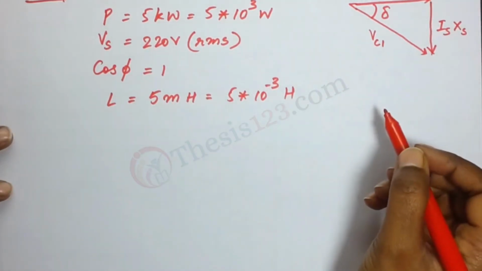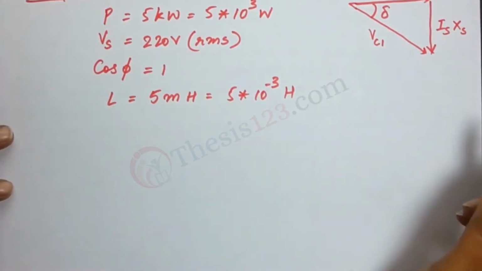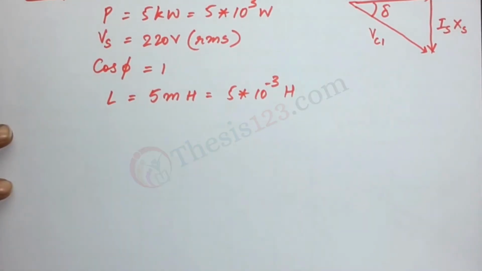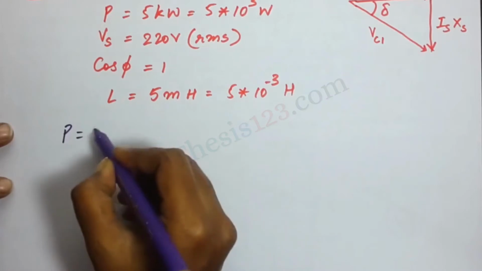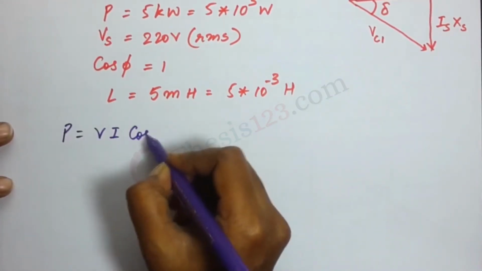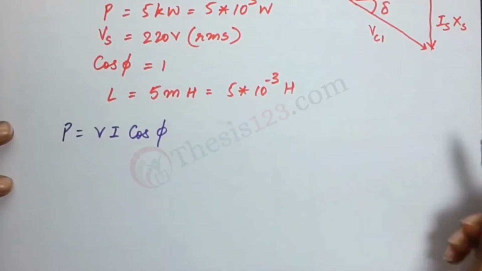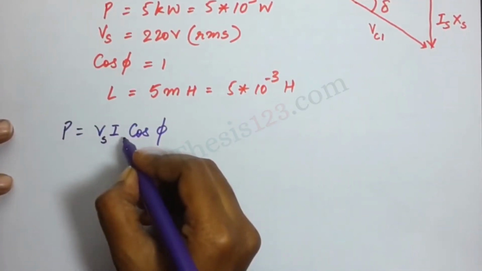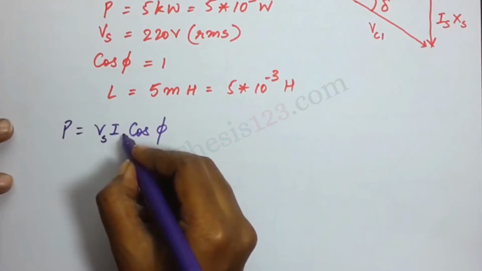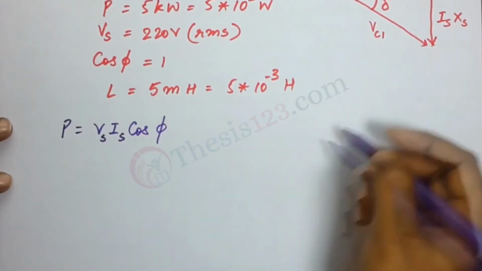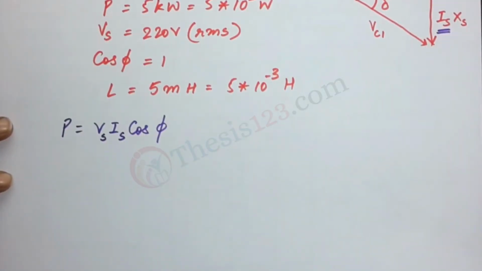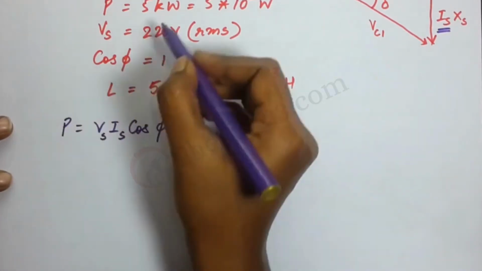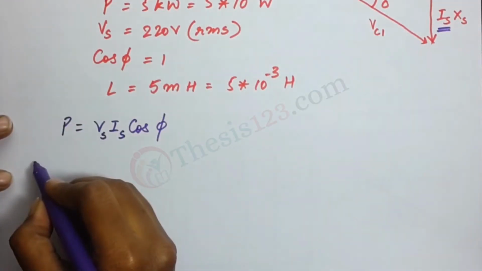Now, the next part is to utilize the power formula. We know in general that the power formula is given as VI cos phi for AC. And in this expression, we are going to work on the source. So it is Vs Is cos phi. Now let's calculate what Is is from this equation. The power is given to us as 5 kilowatts.